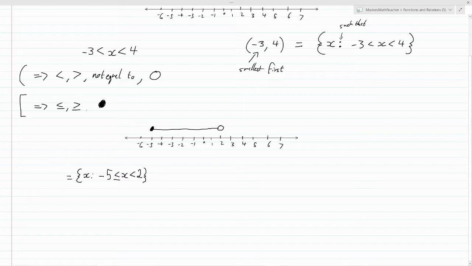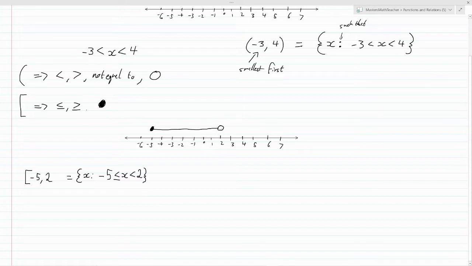This is the same as writing smallest number first, which is -5, comma, the biggest number, 2. And then we have to decide which bracket we should use. Well, we've got a solid dot for our -5, so we're going to use a square bracket because we actually reach -5.